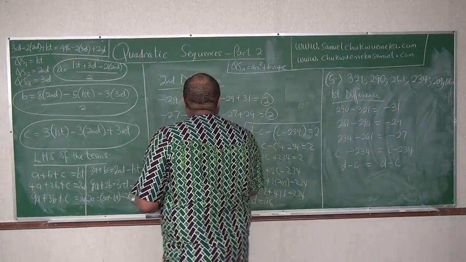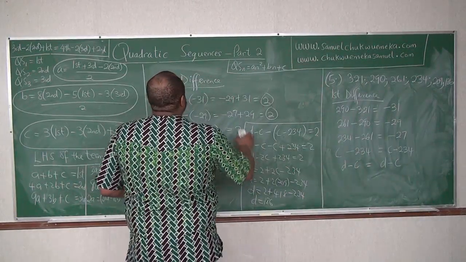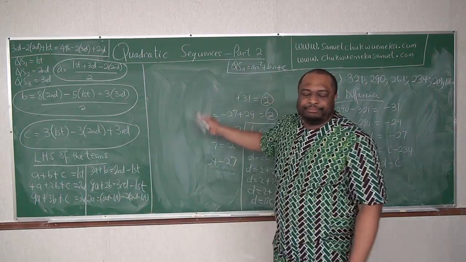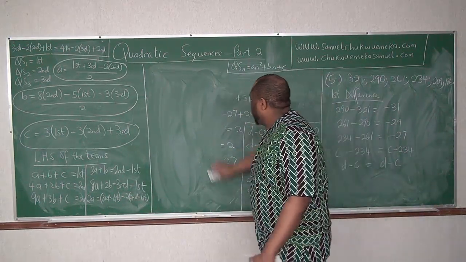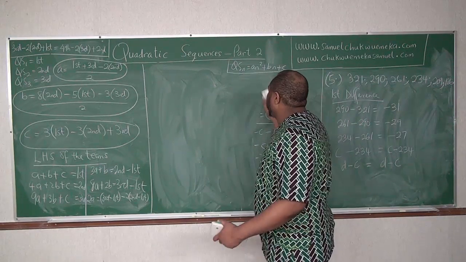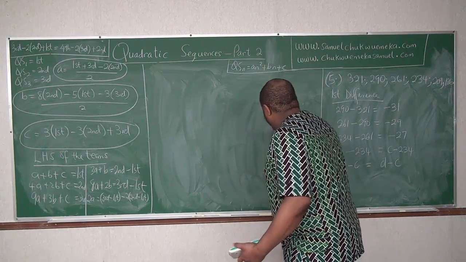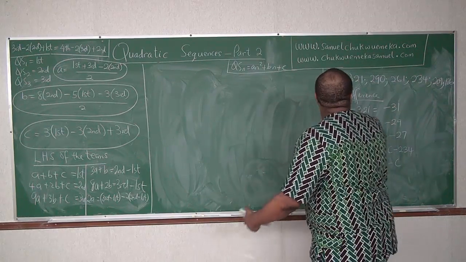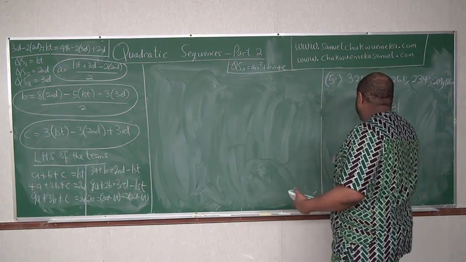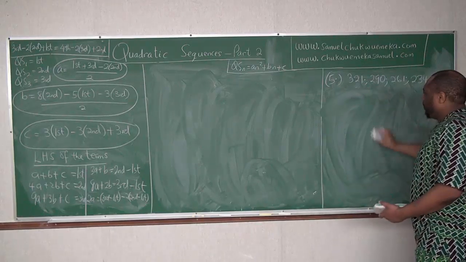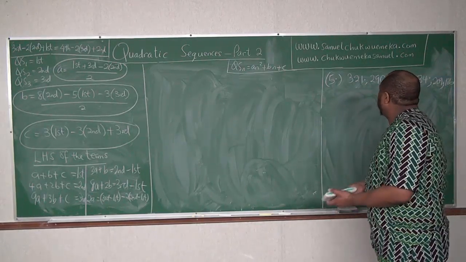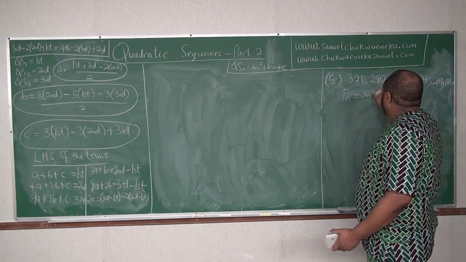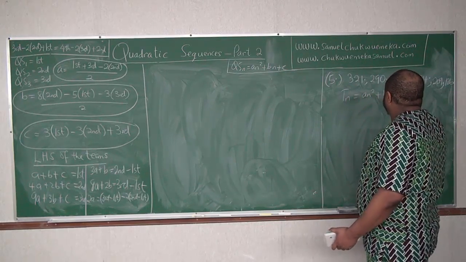So let's erase this. If you still use QSN, you will still get it right. But we will use T subscript N, what they used. So, T subscript N is an squared plus bn plus c.